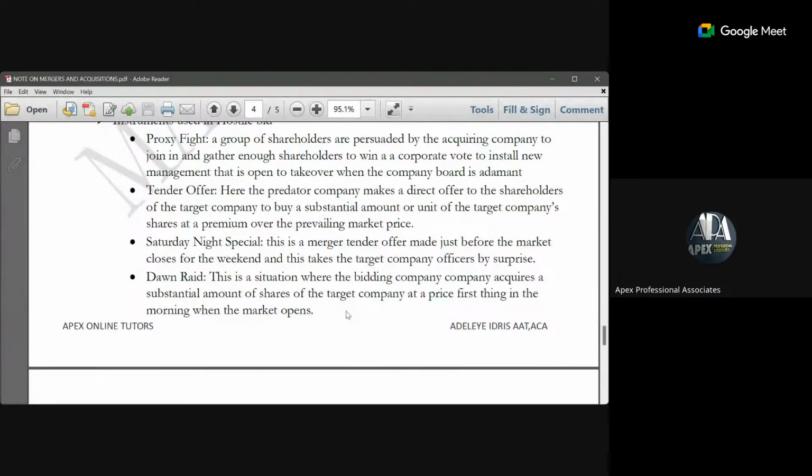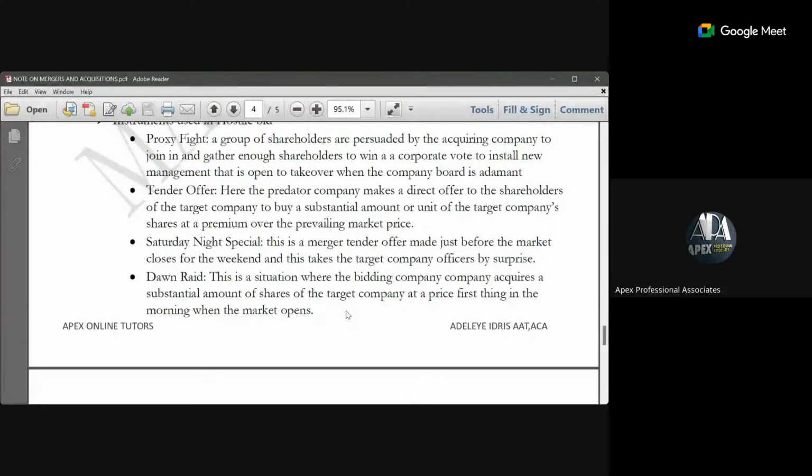We also have the dawn raid. This is a situation where the bidding company acquires a substantial amount of shares of the target company at a price first thing in the morning when the market opens, unlike Saturday night special, which they do about the time the market is closing for the weekend.